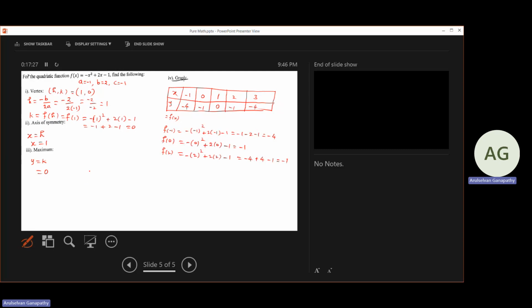Just try to put these in a graph. Just try to make a simple graph. So we have x dash, y dash.